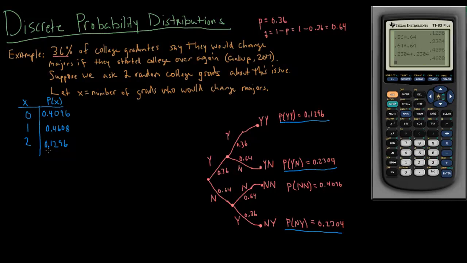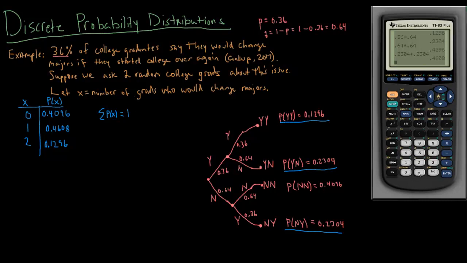Now, here's the easy way to check yourself to know if you did the calculations right or wrong. We know that in any distribution, the sum of the simple event probabilities has to equal 1. We know that must be true. So let's go over here and add those up.